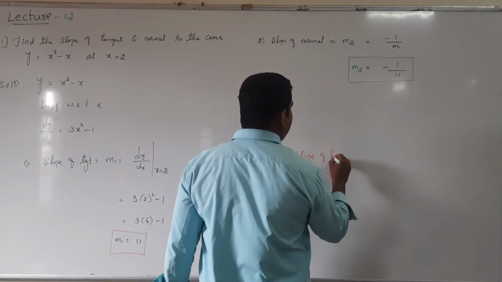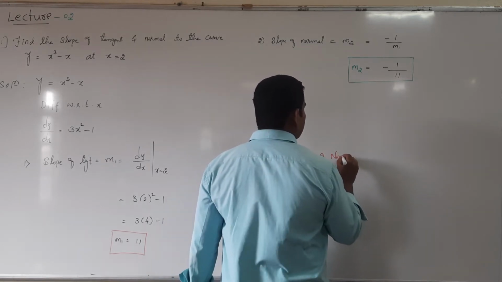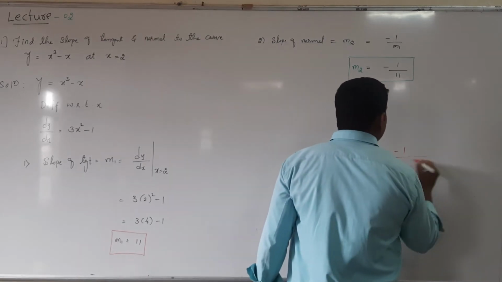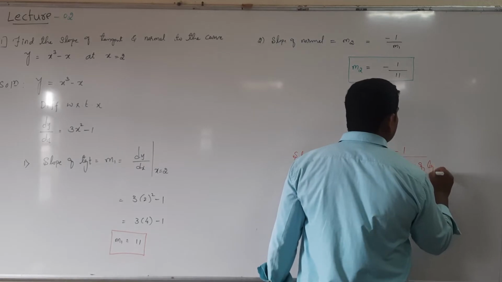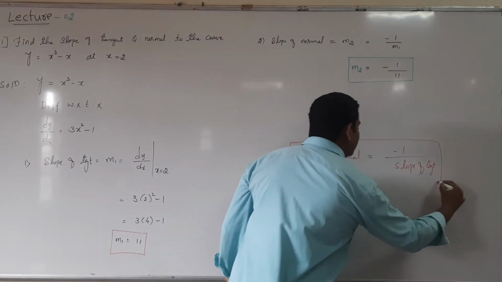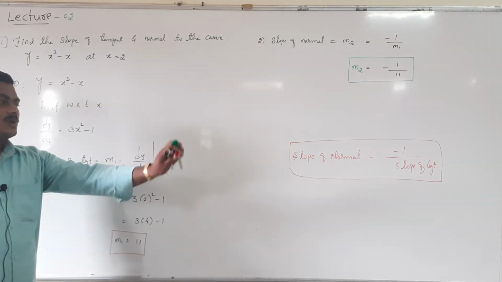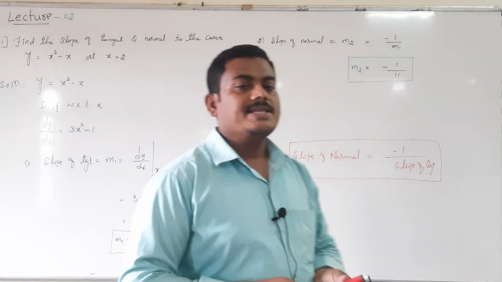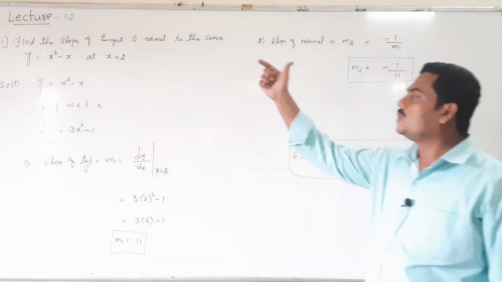This is the relationship between the slope of the tangent and the slope of the normal: the negative reciprocal of the slope of the tangent gives the slope of the normal. This is the slope of the tangent and the slope of the normal to this curve.